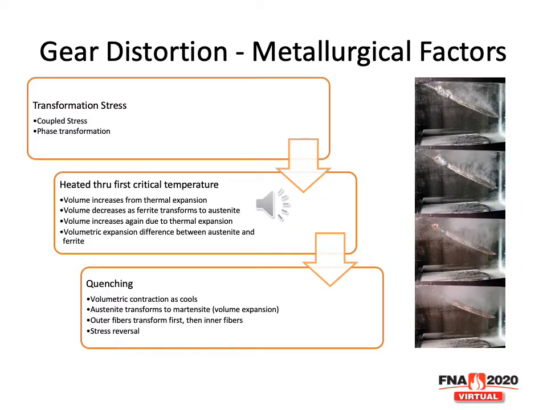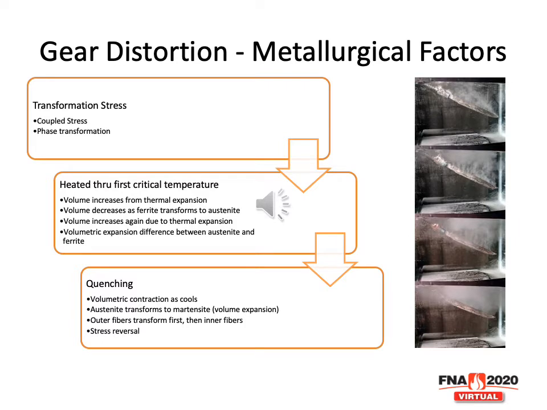A second form of stress is transformational stresses. These are the coupled stresses due to phase transformation. A very common one is the volume expansion due to martensite formation, which can be up to 3%, which is extensive. First, as I heat it up to my austenitizing temperature, I get a volume increase from thermal expansion.